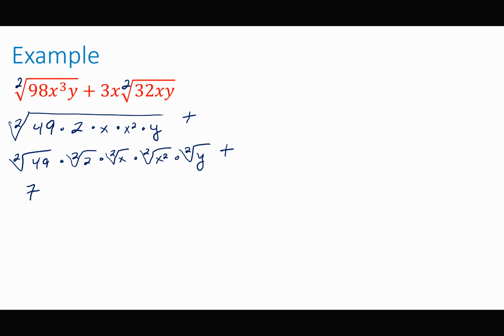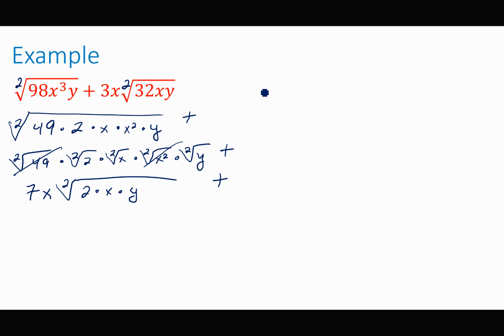Square root of 2, that's a nasty number. I'm just going to leave it as square root of 2. Square root of x, I can't do anything with that. Square root of x squared is just x. And then square root of y, I can't do anything with that. So just for organization, I'm going to put this all back together under the radical. So 7x, essentially, I've factored out from underneath my radical symbol.